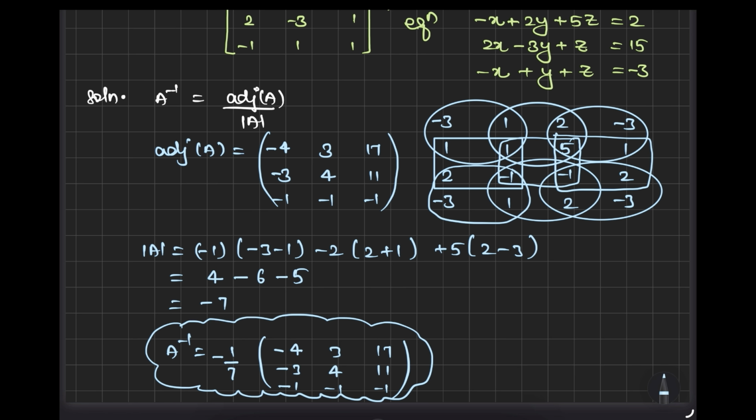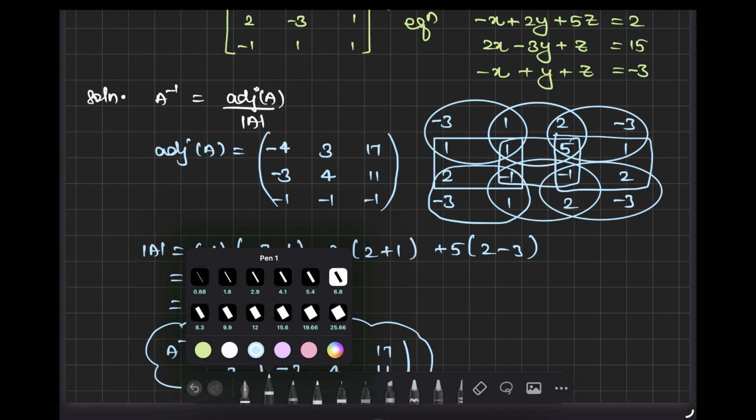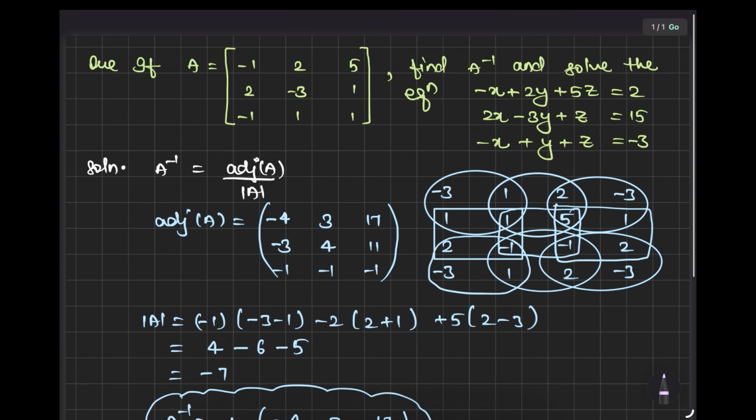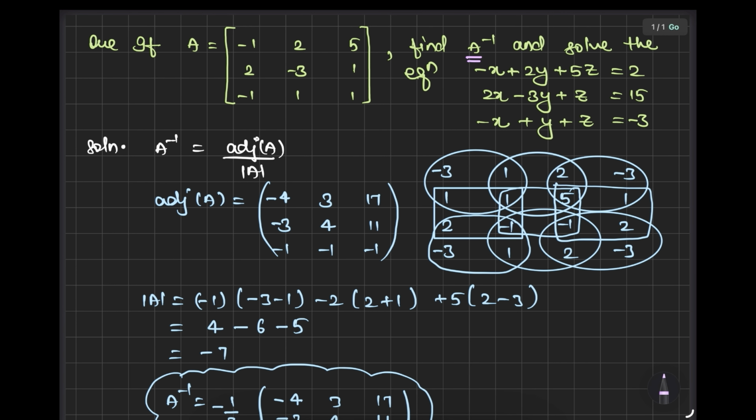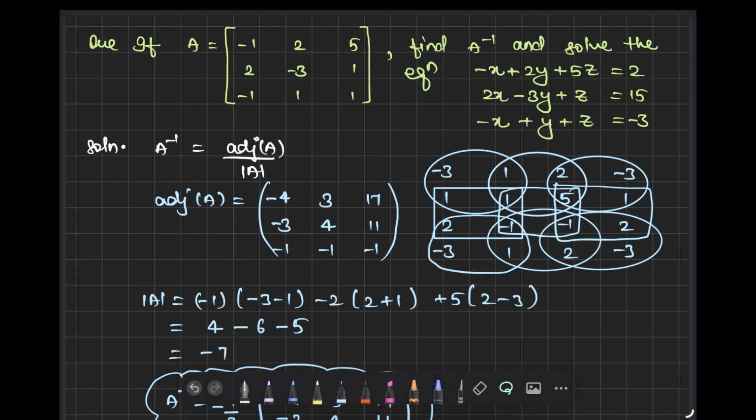I hope till this part you guys are okay. Now suppose that we got our question done till this part. Now we have this system. So look at this, how we will write a linear equation in matrix form. I will copy paste the question.